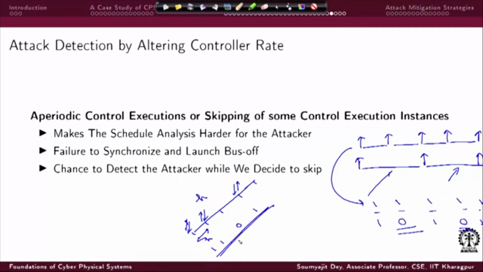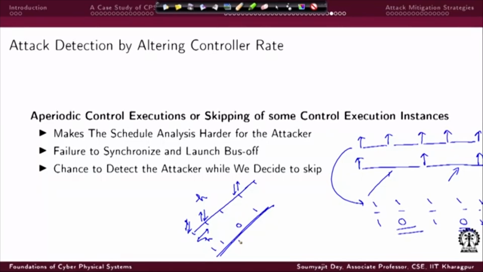That means I am skipping the control execution and the measurement gathering in every third instance of a 4 length pattern. This is our idea of skipping control executions: there are certain points when I will periodically drop the control action, and I will also drop the measurement, because if I do not compute a control action, I do not need the measurement.